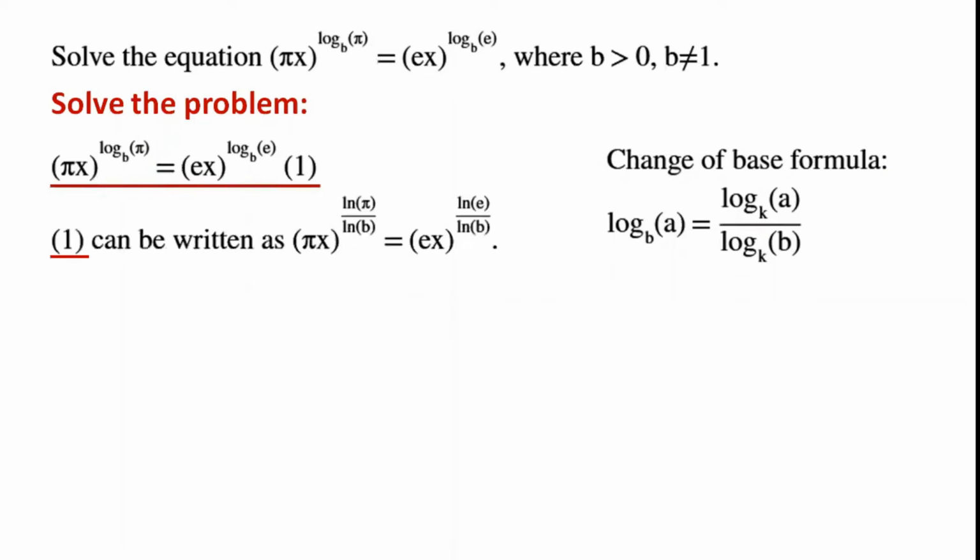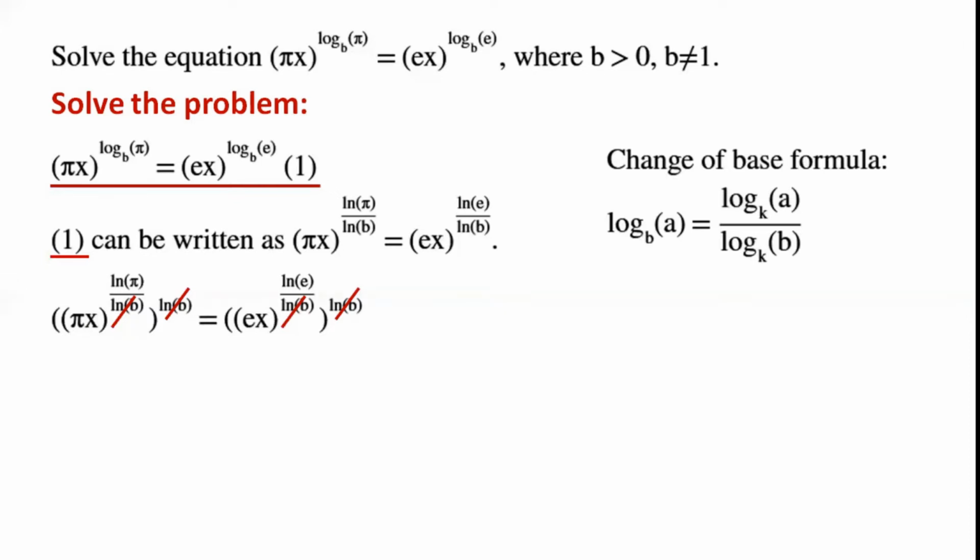Equation 1 can be written as (πx)^(ln π / ln b) = (ex)^(ln e / ln b). Raising both sides to the power of ln b, on the left-hand side, ln b in the denominator and ln b cancel.